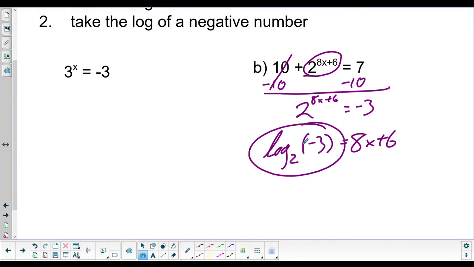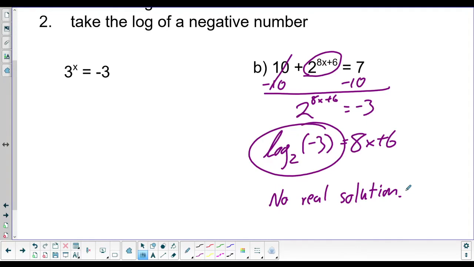As soon as we see that we're taking a log of a negative number, you throw away the question and you say no real solution. You can't do it. You're not allowed to. All right, cool. So there we go. There are our extraneous solutions, quote unquote. They're not really extraneous. They're just not a solution.